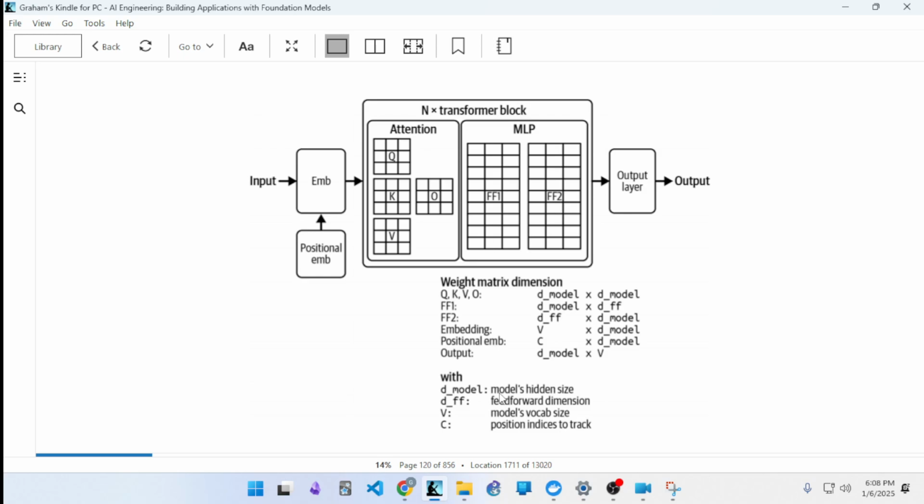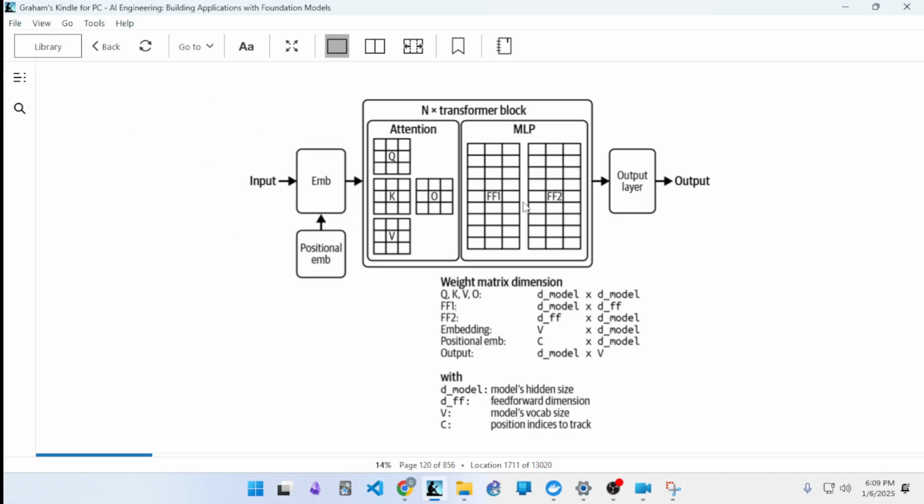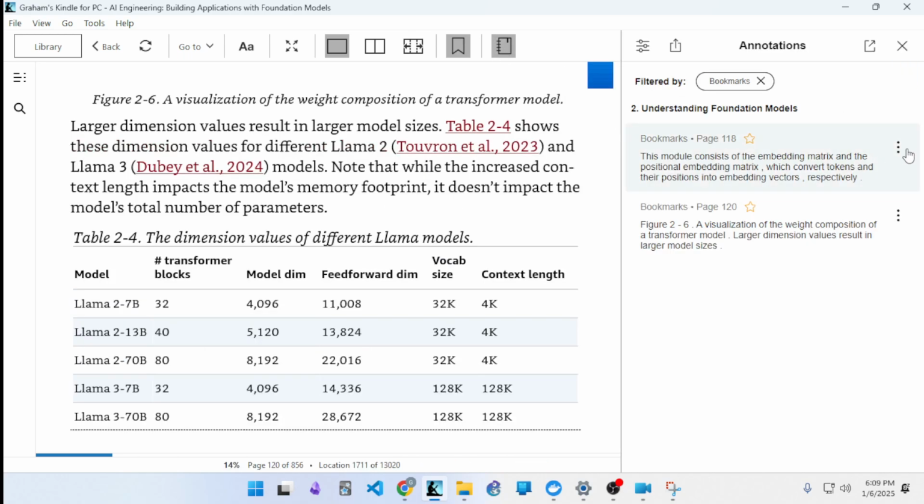So it's the model's hidden size multiplied by the feed-forward dimension, and then FF2 is the feed-forward dimension multiplied by the model's hidden size, and then we get the output layer, which some people call the head. And then the output. All right, so figure 2-6 was a visualization of the weight composition of a transformer model.